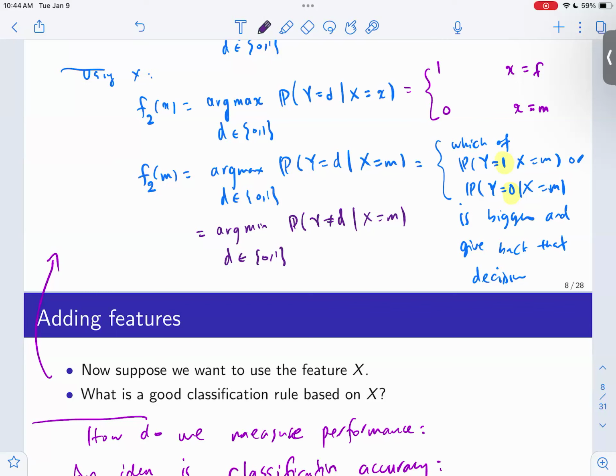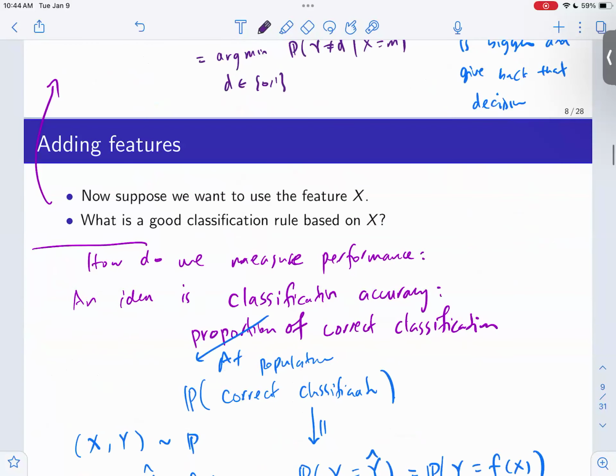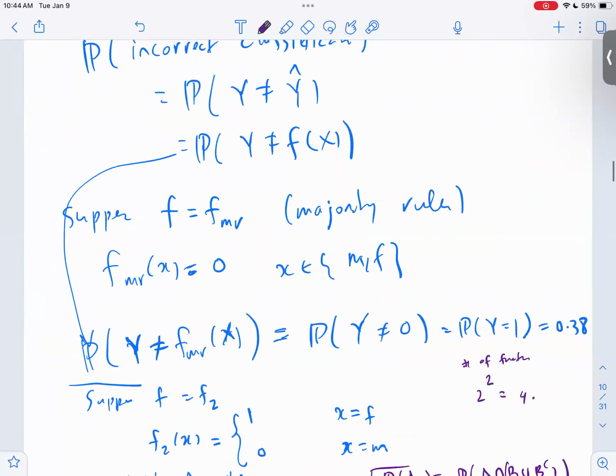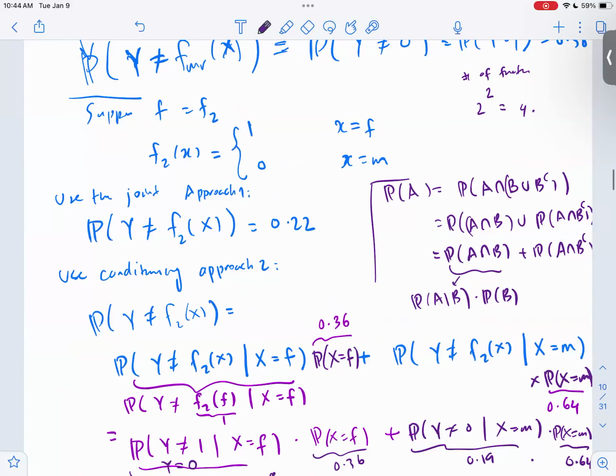So we proved that this classifier achieves the smallest possible error. In this problem with these 2 variables, x and y, you can't go beyond 0.22. No matter what you do, you can't beat this. This is the best possible, sometimes called the Bayes error rate, or the optimal rate. This is the error that you pay because of the randomness in the distribution.